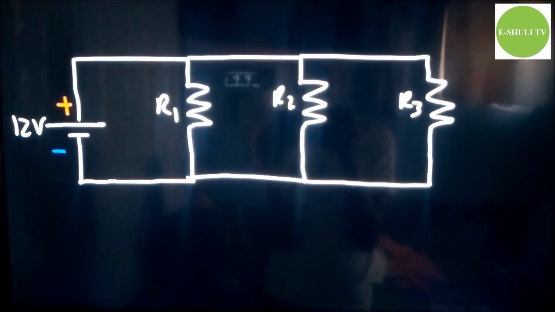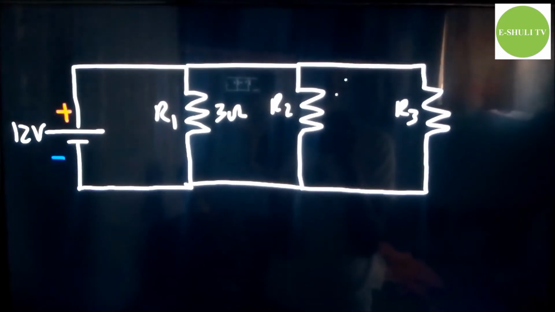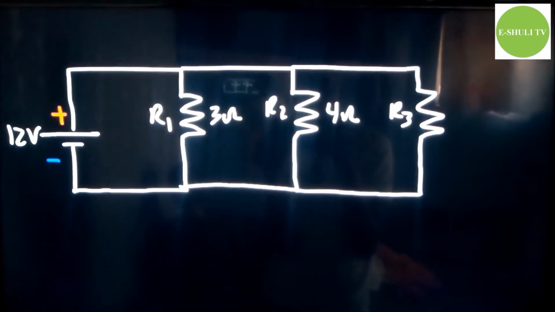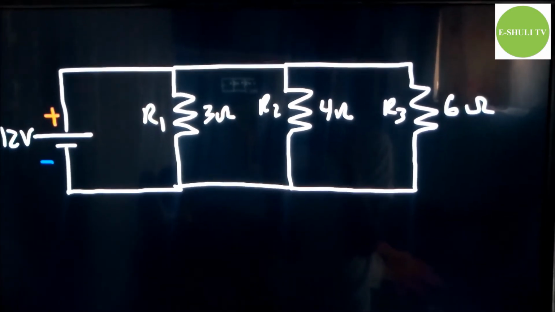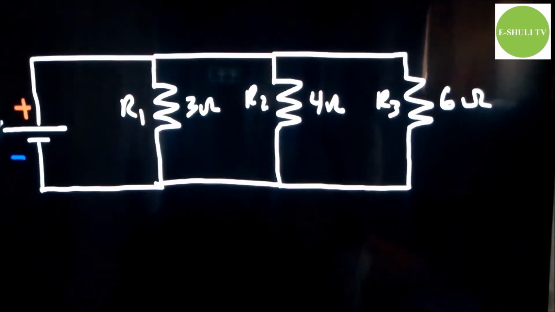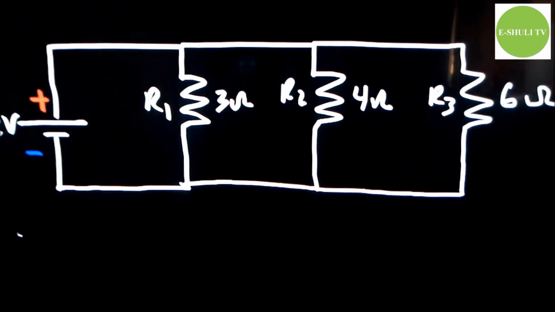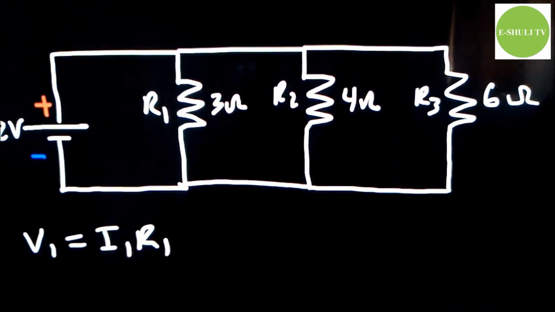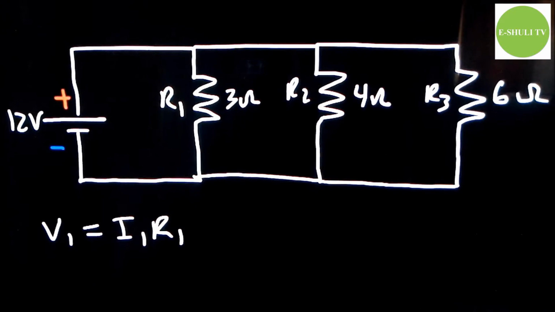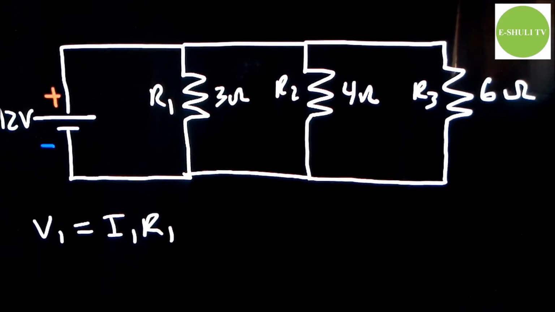The first resistor has 3 ohms, the second one has 4 ohms, and the third one has 6 ohms. Now you see these resistors are in parallel, and you remember the voltage in parallel is the same.